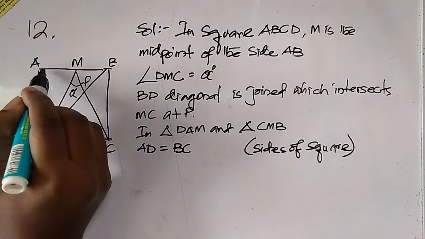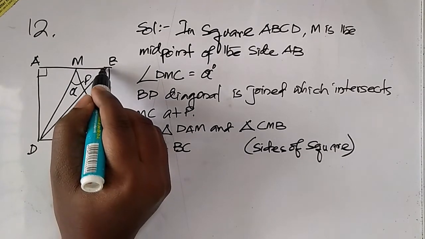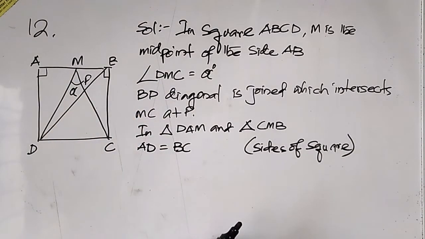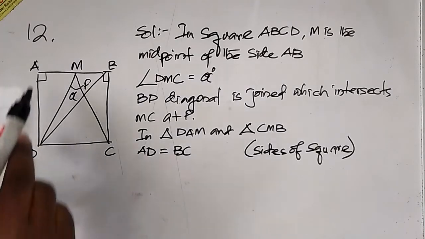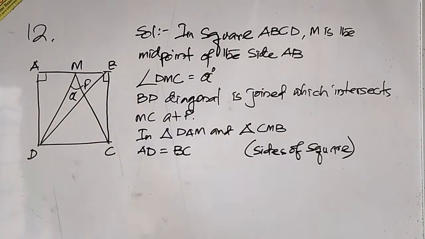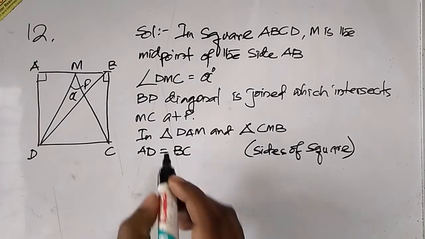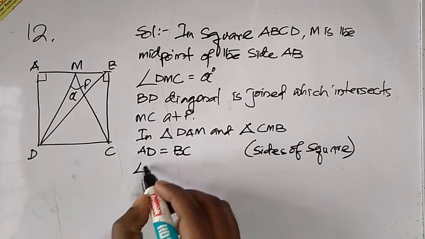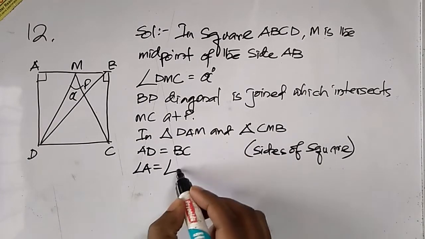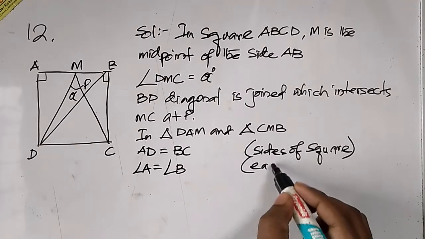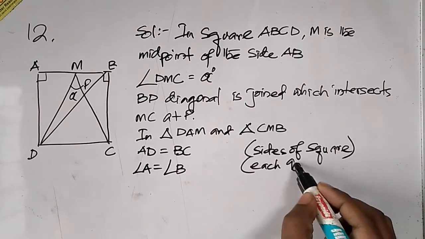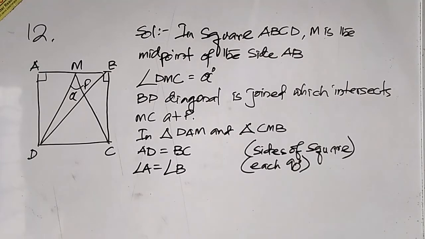Why angle A and angle B will be same? Because these two are 90 degrees, right? We're talking about which angle? DAM and CMB. So over here angle A is equal to angle B. Why? Because these two angles each is 90 degrees.